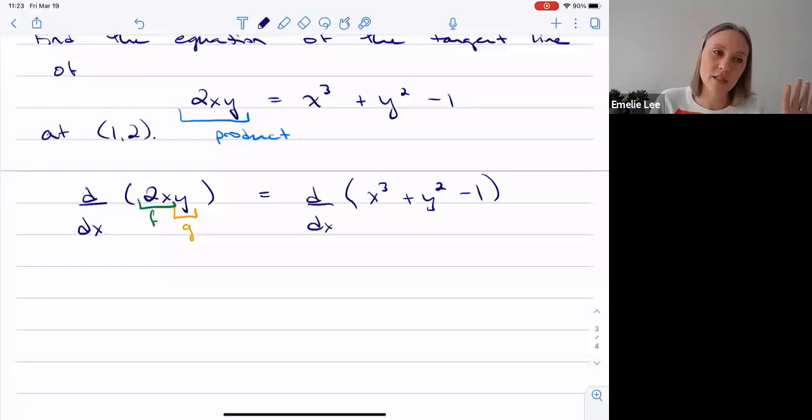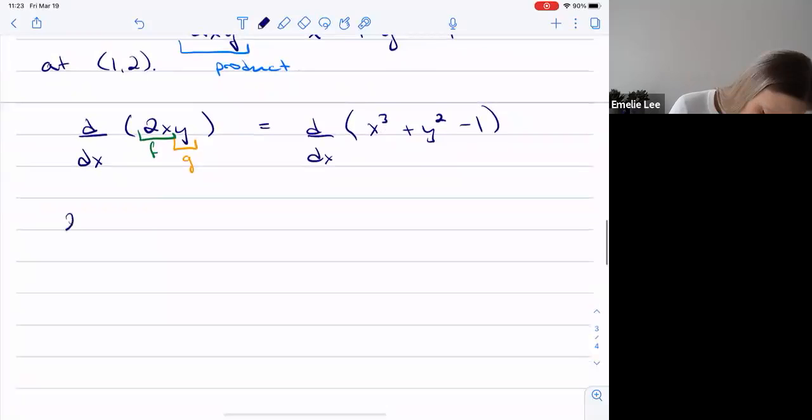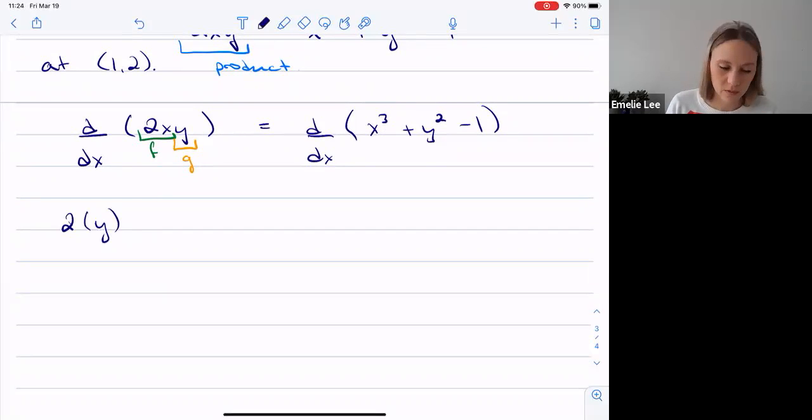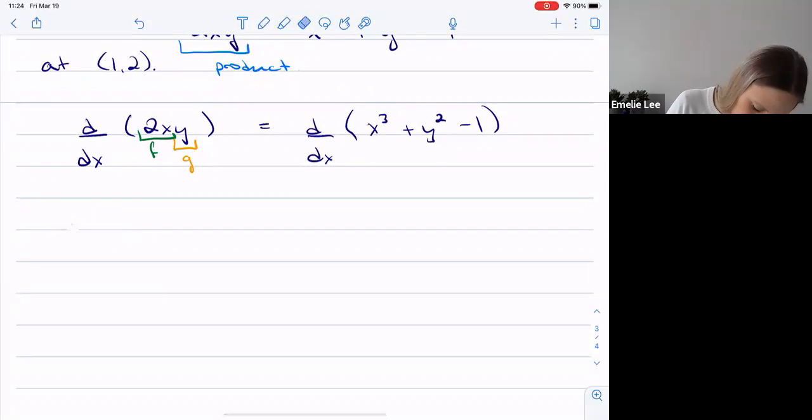Okay, so we need to do the product rule on the left-hand side. The derivative of the first is just the derivative of 2x, which is 2, right? So 2, in brackets, times y.